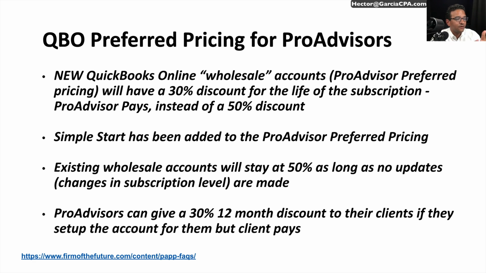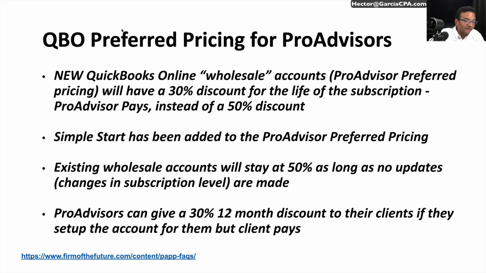Again, all new accounts for Pro Advisors, if they choose to pay directly instead of having their clients pay, would get a 30% discount, not a 50% discount. QuickBooks is going to commit to all current wholesale accounts that are already on the 50% discount to stay at the 50% discount. So any wholesale accounts that existed prior to July 15th will stay at 50%.